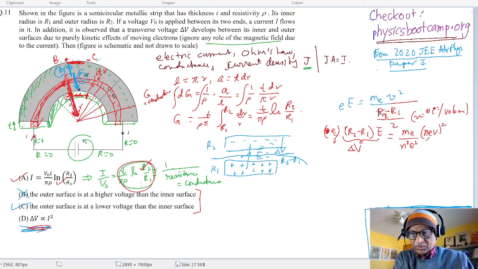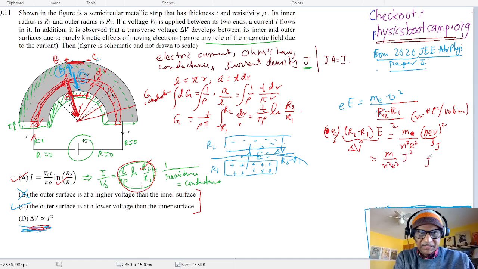So this becomes mass of the electron, m, over n squared e squared, times J squared.